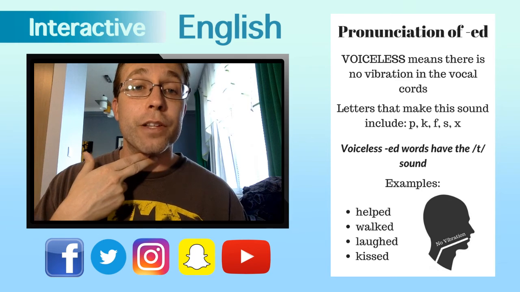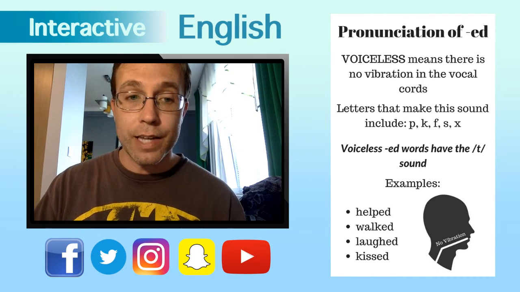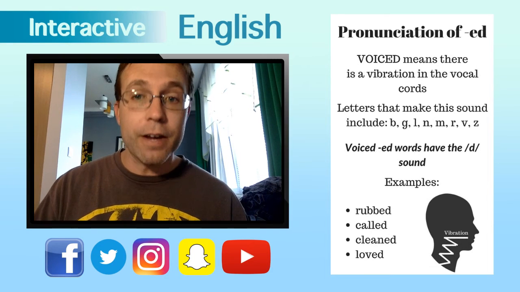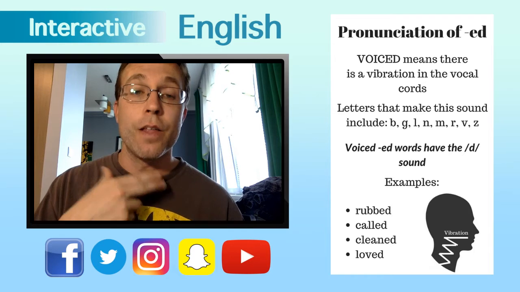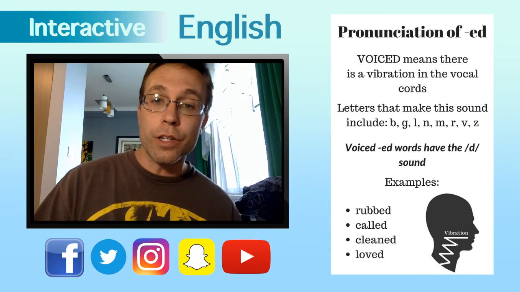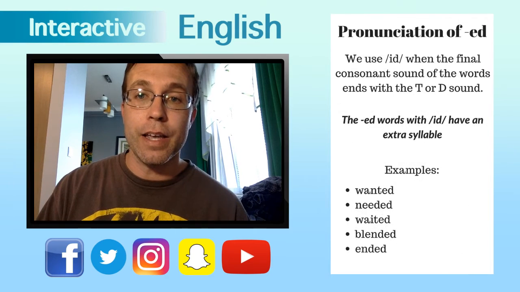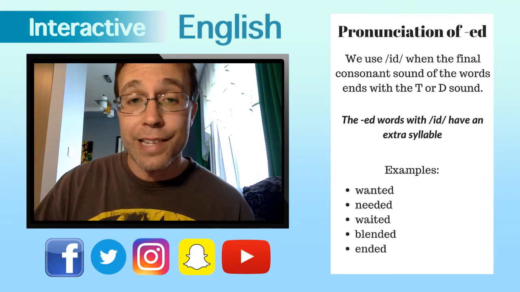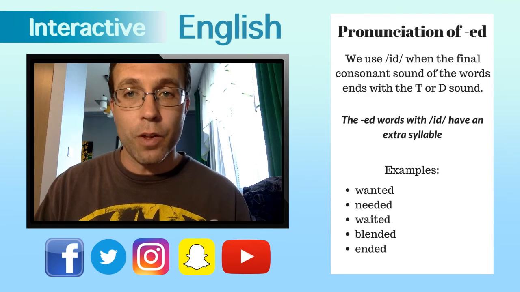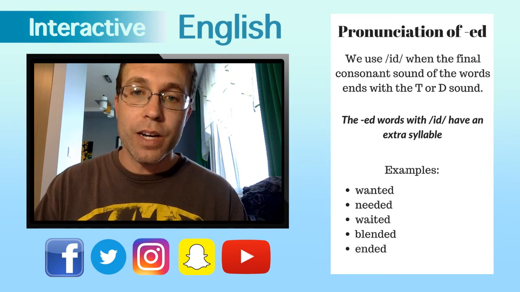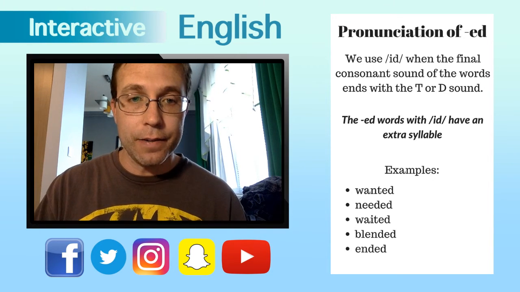If there's vibration in the vocal cords. No vibration, it's voiceless and the T sound. If there is a vibration, b, z, those sounds, we're going to use the D for the ed. And if the final sound is a T or a D sound, then we're going to add that extra syllable, that id: wanted, needed, waited, blended, ended.